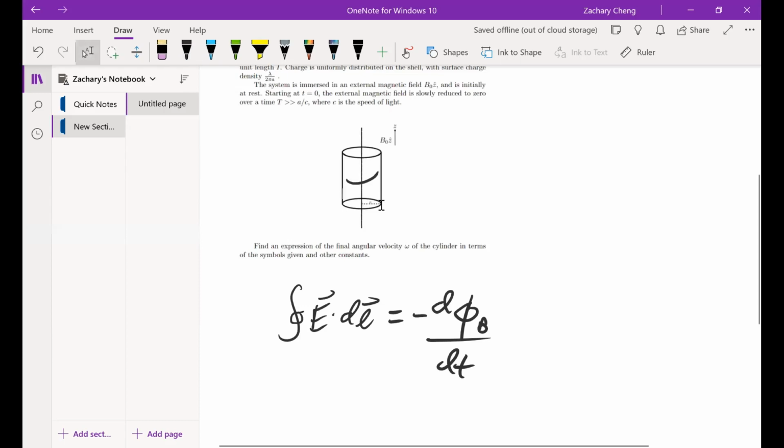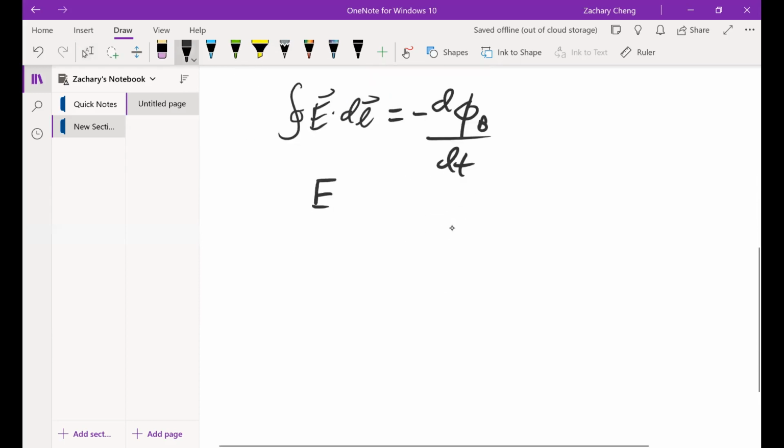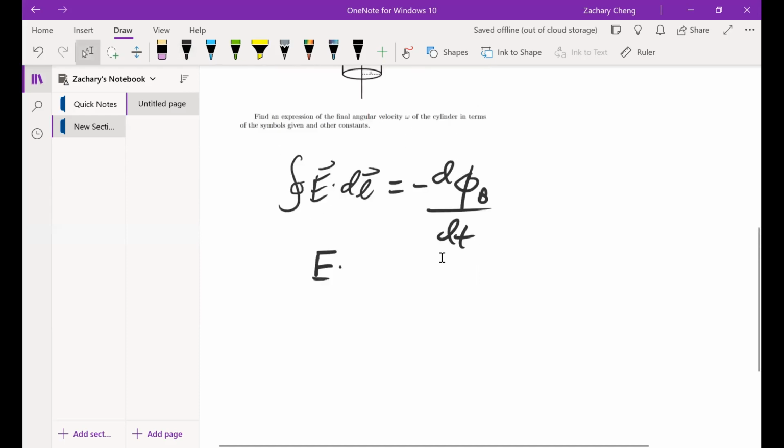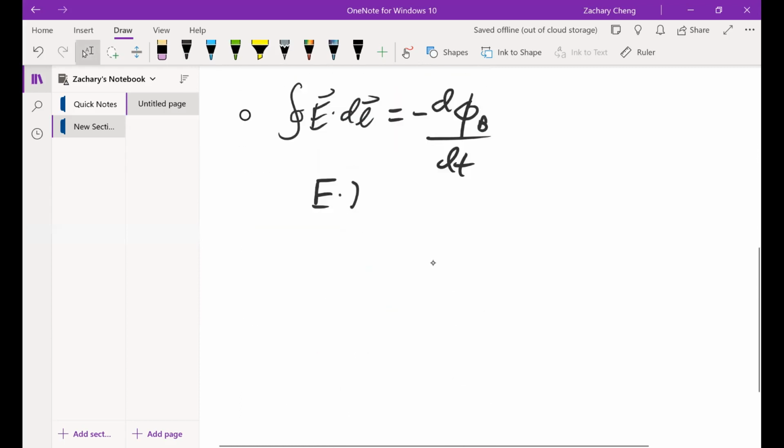If we take this dot dl, since it curls around this cylinder once, when we integrate it, it's just going to be E times the distance, which is just the circumference of the circle. The radius of this circle is a, so it's just 2 pi a.